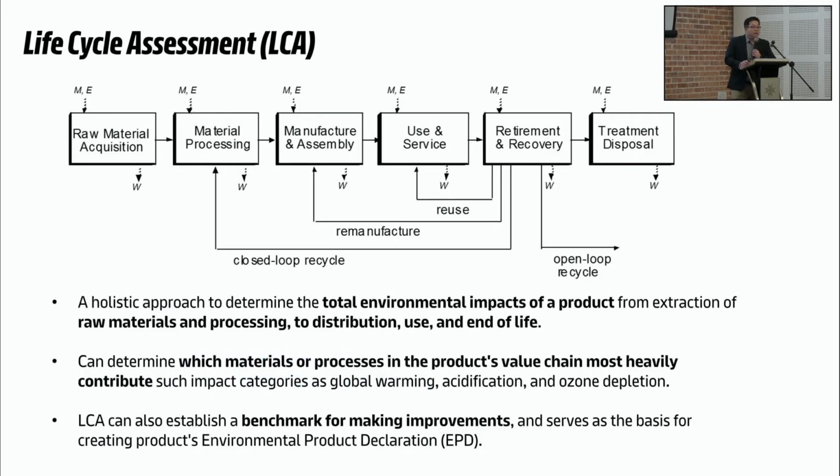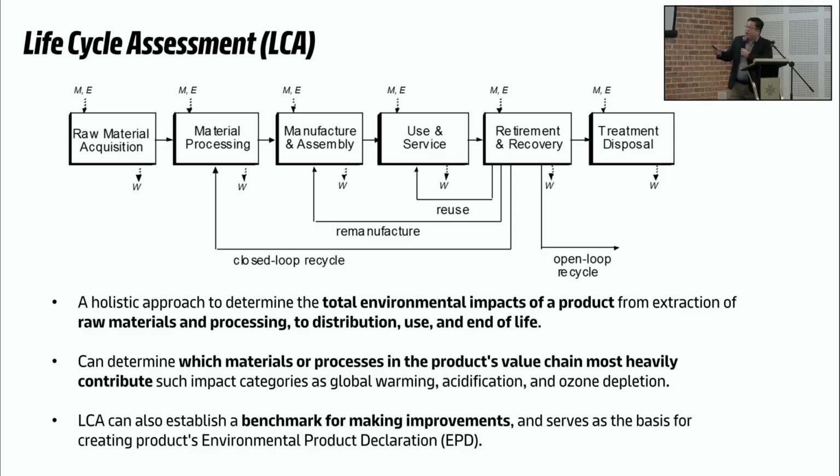Now, these are the processes that I mentioned just now, starting from the raw material, the processing, manufacturing, and so on, right? So the LCA itself is the total environmental impact of a product from raw material, processing, all the way to the end of its life, right?